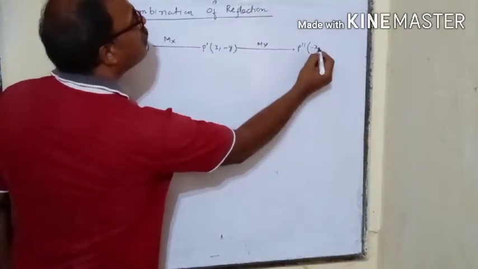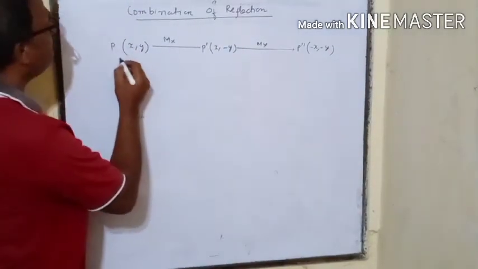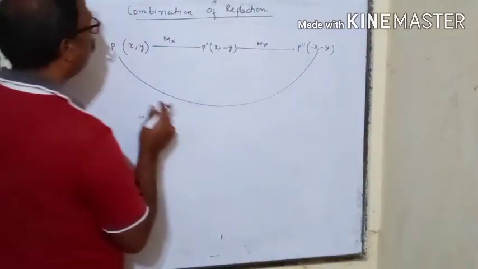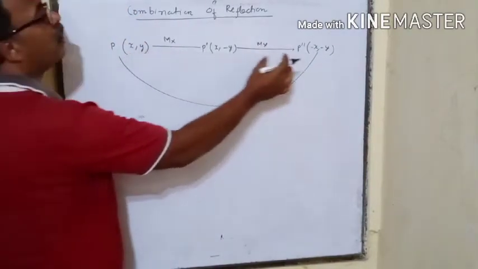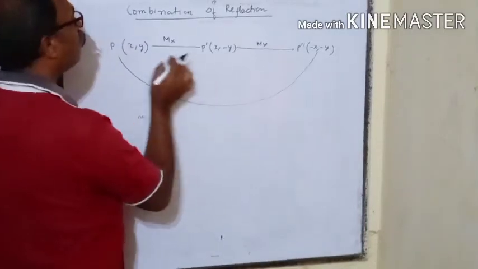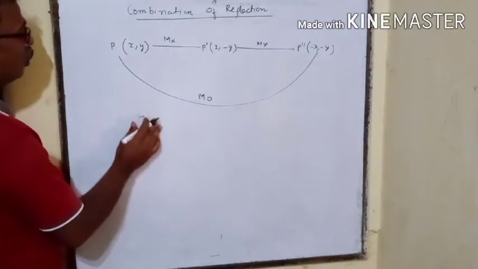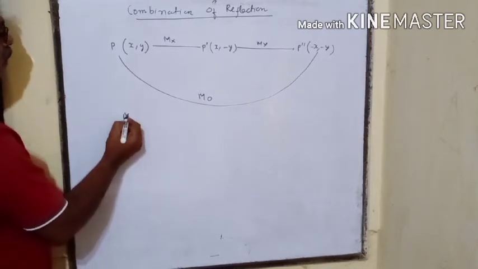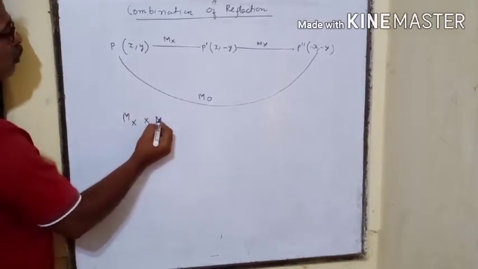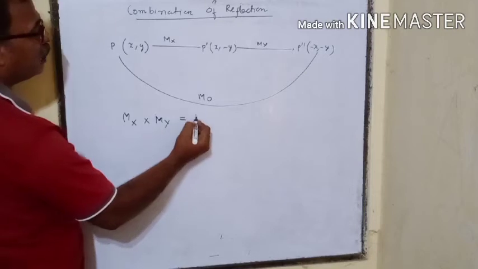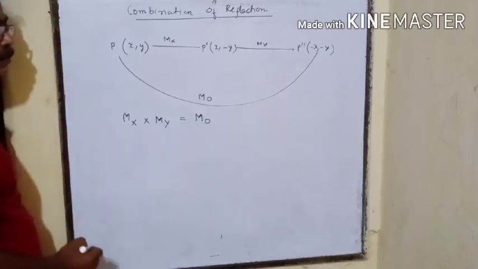So it will be minus x and minus y. If we look for a single transformation directly from P(x, y), we are getting (minus x, minus y). So the sign of x as well as y has changed, so it can be said to be reflection in origin. So one generalization is that reflection in x-axis followed by reflection in y-axis is a single transformation, reflection in origin.